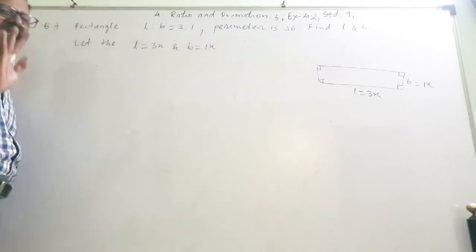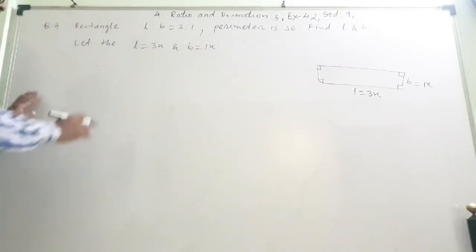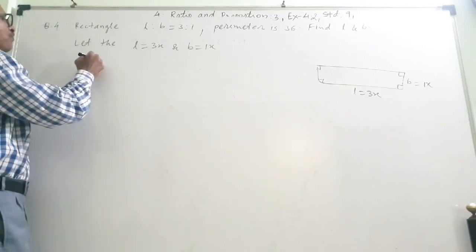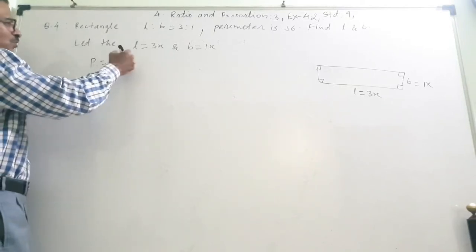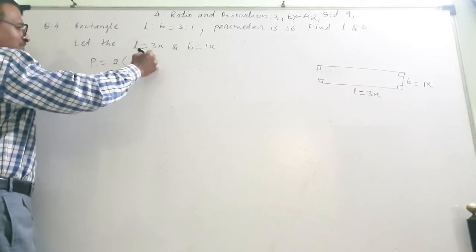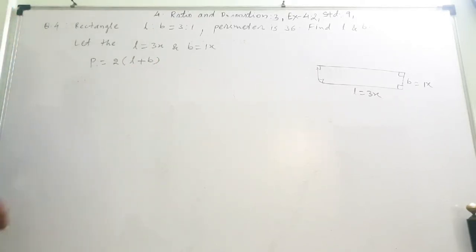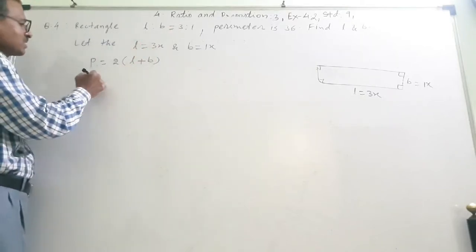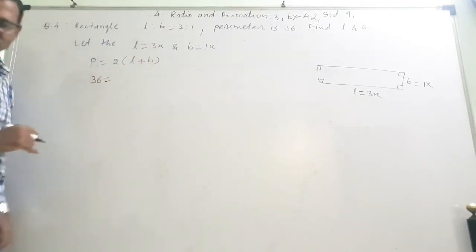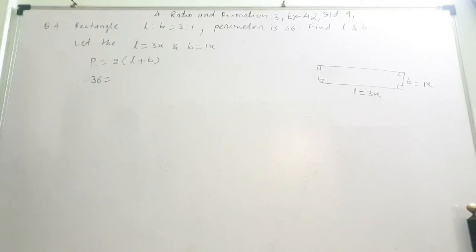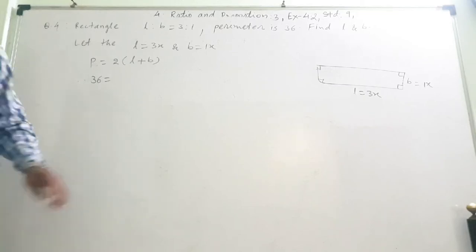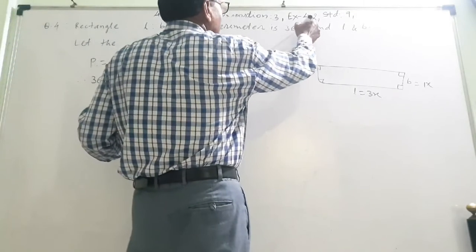No need to write 1x, you can write simply x. Perimeter equal to 2 into (L plus B). How much is the perimeter? 36. What is the unit? I will just check. 36 cm.